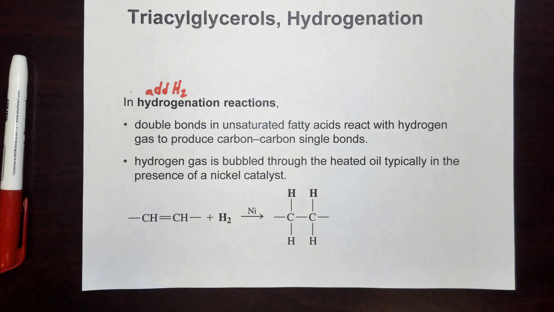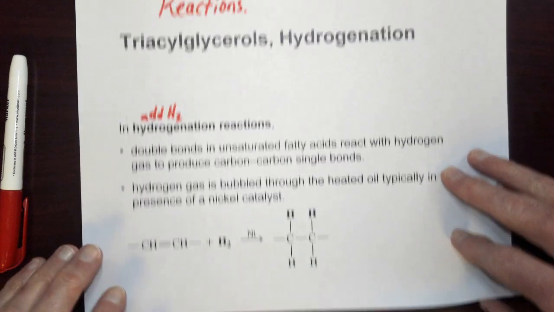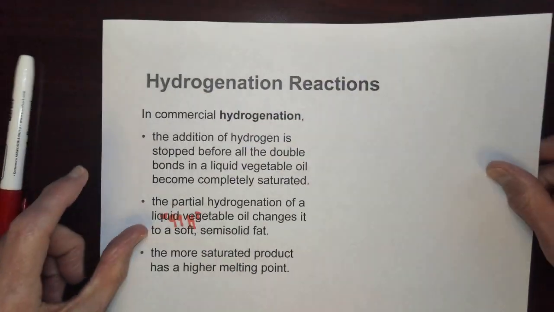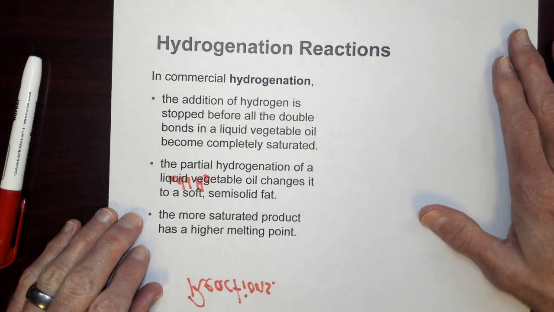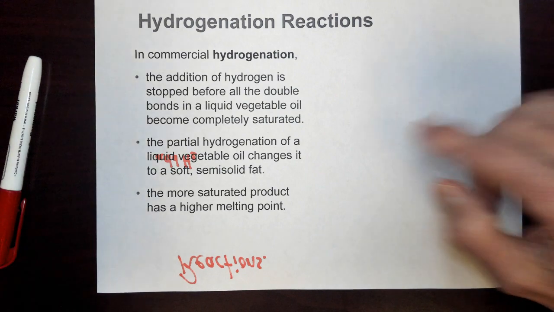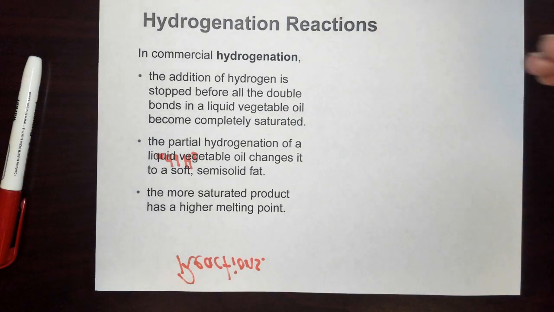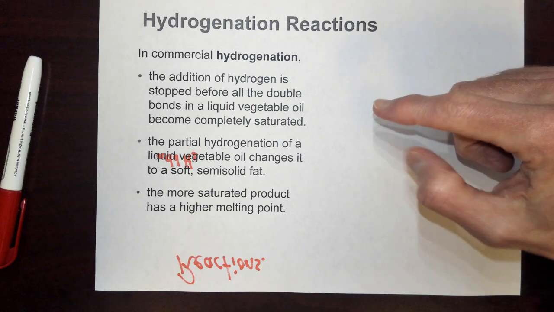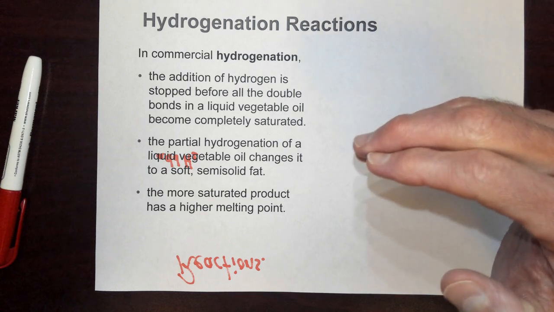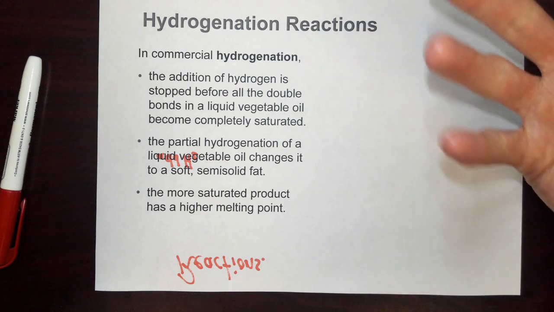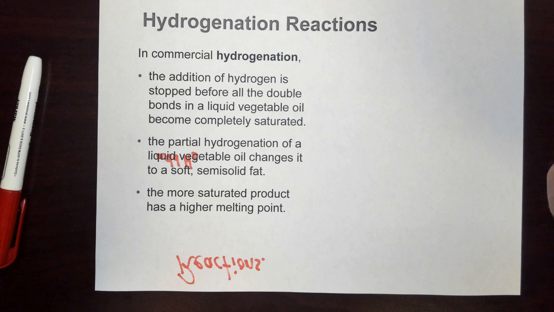Okay, so what can happen in these hydrogenation reactions, the hydrogen is added across the double bonds, but we control how much hydrogen is added. So we look at stoichiometry, and they let the vegetable oils get partially saturated.